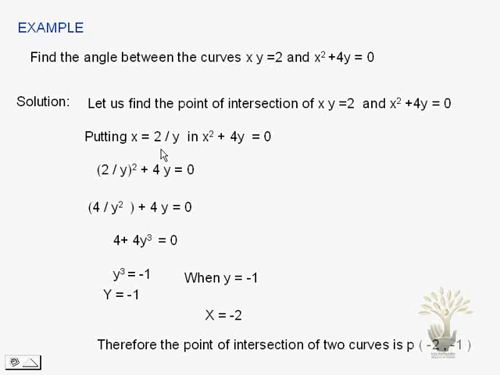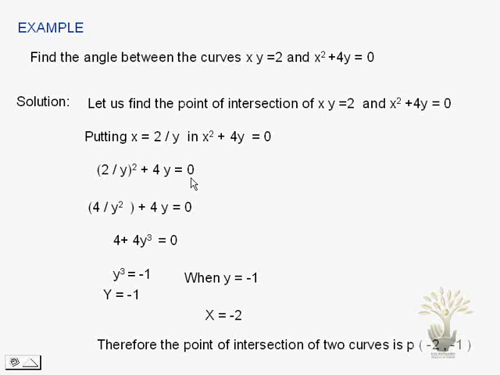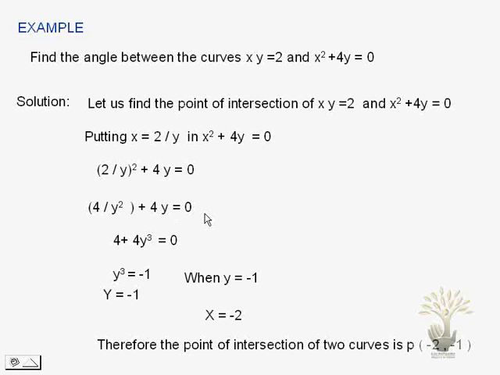From this equation, x is equal to 2 by y. Substituting x is equal to 2 by y in the second equation, we get 2 by y whole squared plus 4y is equal to 0. Squaring this, 4 by y squared plus 4y is equal to 0.